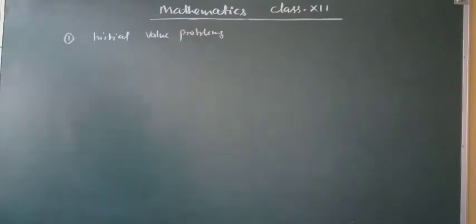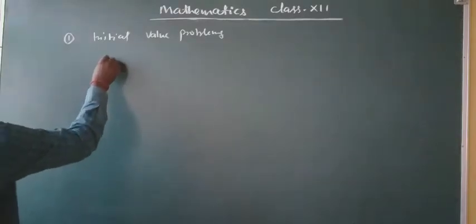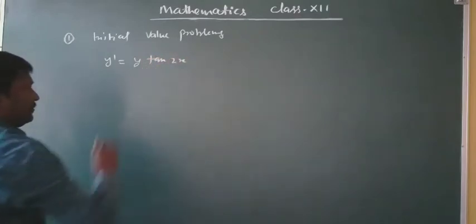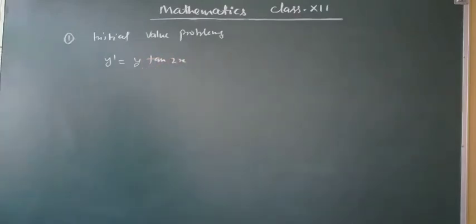Initial value problems are given, just like y dash is equal to y tan 2x, and what is the initial value? Given that y at 0 is 2.